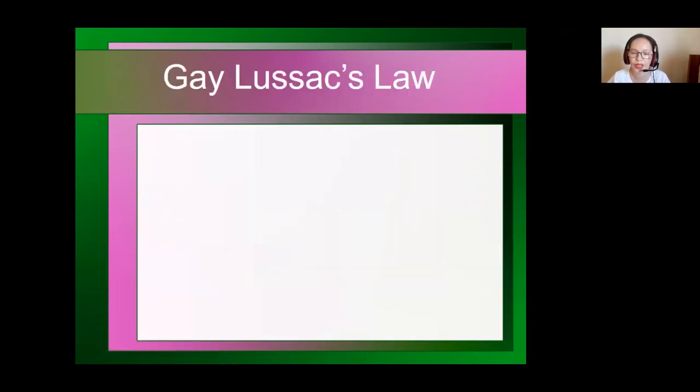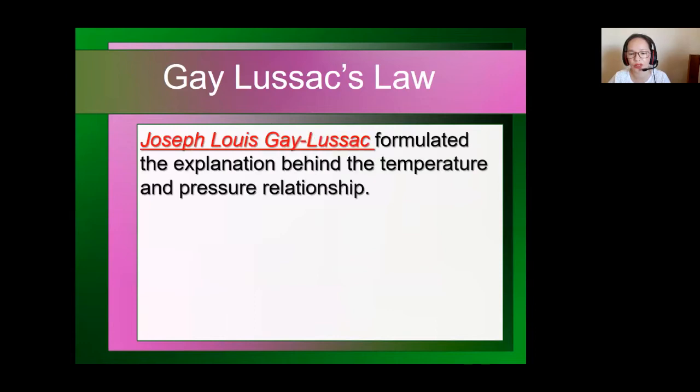Okay? So next is Gay-Lussac's law. What variables are being described in Gay-Lussac's law? Joseph Louis Gay-Lussac explained the relationship of temperature and pressure. And what do you think is the relationship between temperature and pressure?